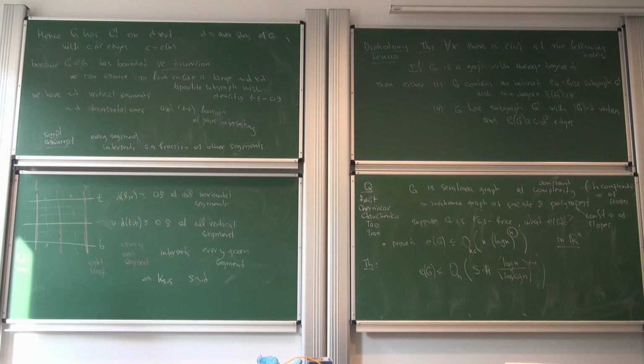How about segment graphs in the plane? Intersection graphs of segments, but not horizontal and vertical, just general position segments. If you give me an intersection graph of segments in the plane, they have this theorem, so it's a bit different.